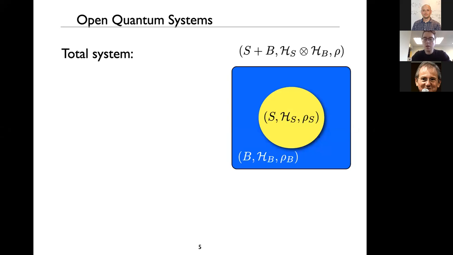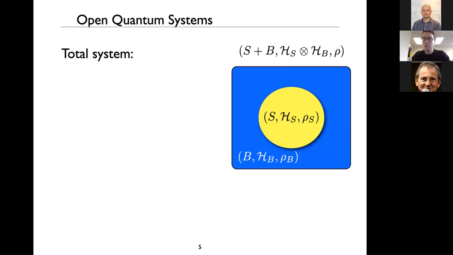The state of our system S is characterized by the reduced density matrix rho S, and similarly our environment B has its state characterized by the reduced density matrix rho B.